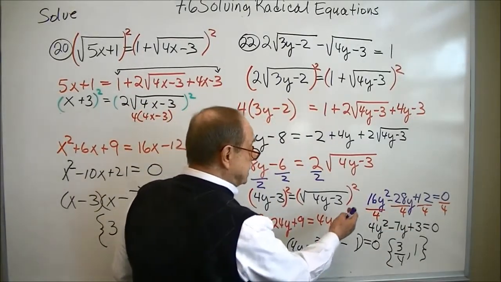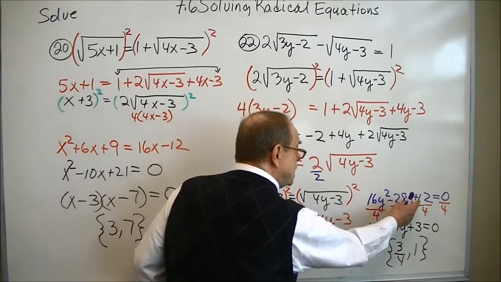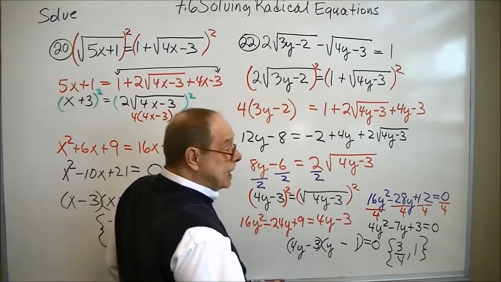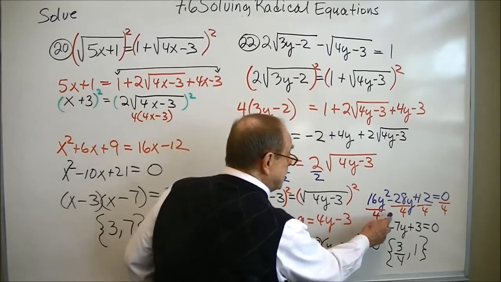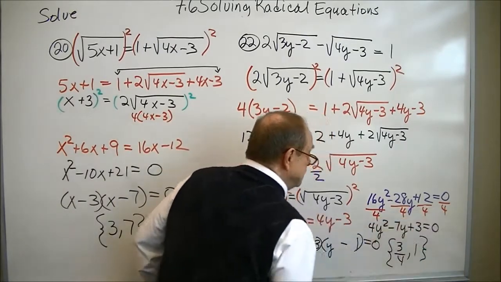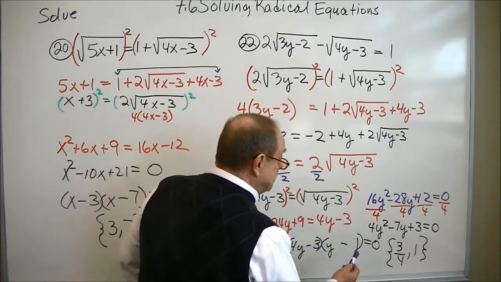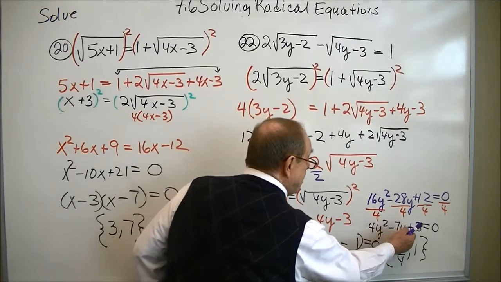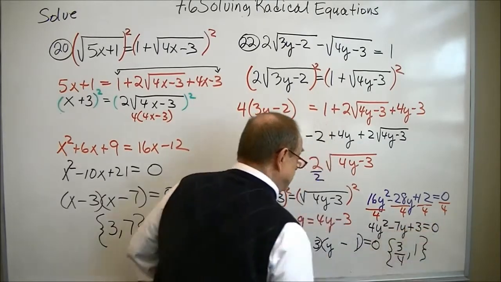Now, I notice 16, 28, 12. I could take out a 2, but I could take out a 4. So that's what I did. I took a 4 out of every term, and I ended up with 4y squared minus 7y plus 3 equals 0.